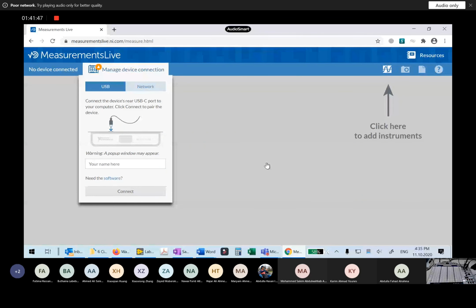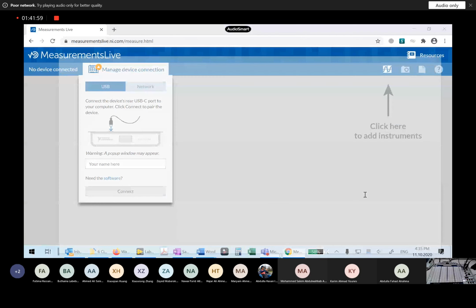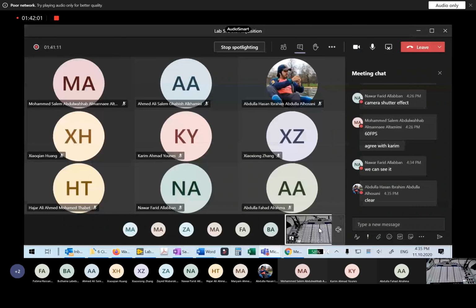All right. Now I'll click on measure. So here I have 2 choices to connect to the Elvis board. Now if I'm present near the board, I'll switch to camera and show you. If I'm near the board here itself, you can see that I have a USB cable, and I can connect this.